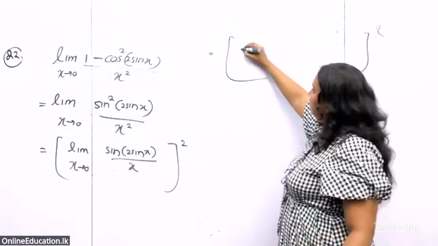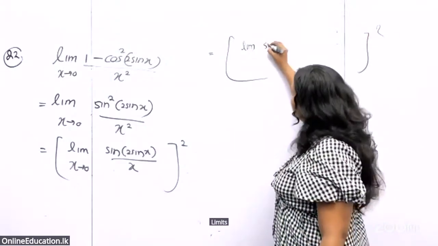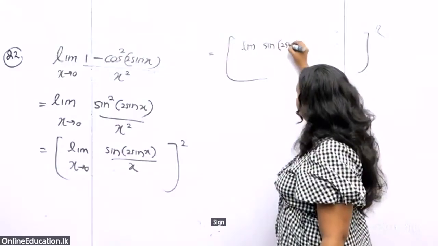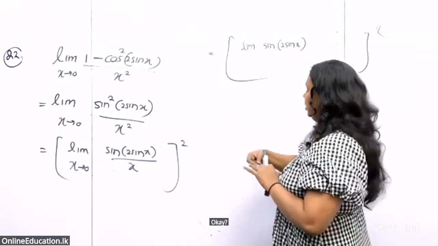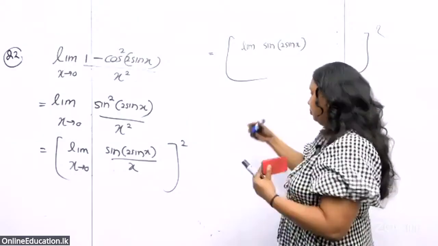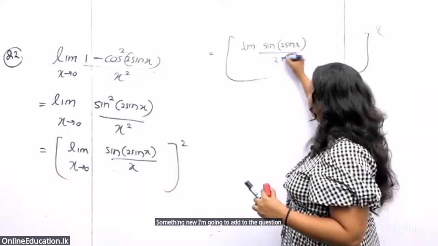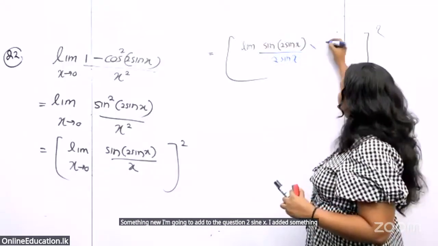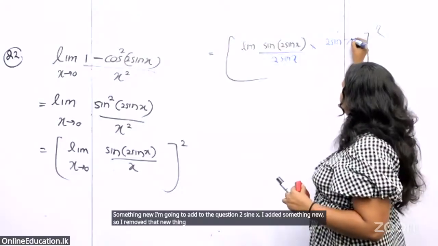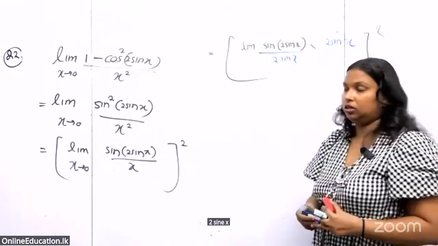See, limits of sine 2 sin x over something new I'm going to add to the step, 2 sin x. I added something new, so I remove that new thing, 2 sin x, otherwise it's wrong. Clear?